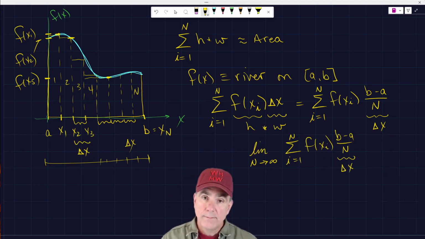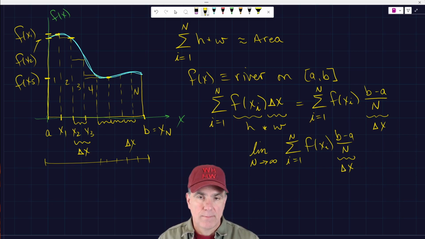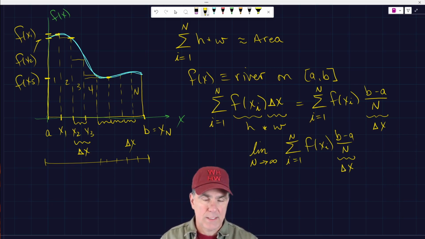Well, I don't know what that's going to give me, but what it ends up generating is antiderivatives. And it's integration. That's really where we're going with this.